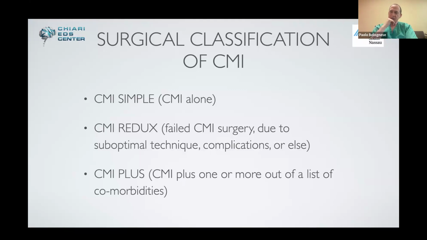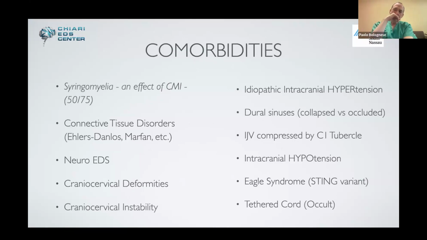Chiari plus is a virgin case that not only has Chiari, but has an associated problem with it. And the associated problem can be a comorbidity or a congenital malformation, which is in addition to that.